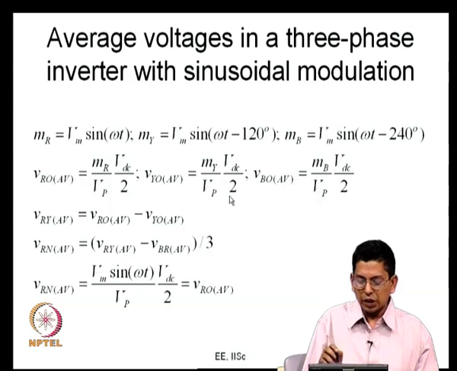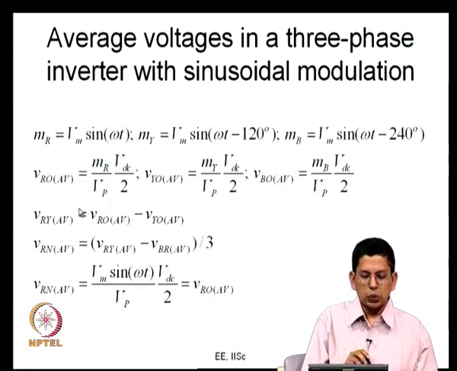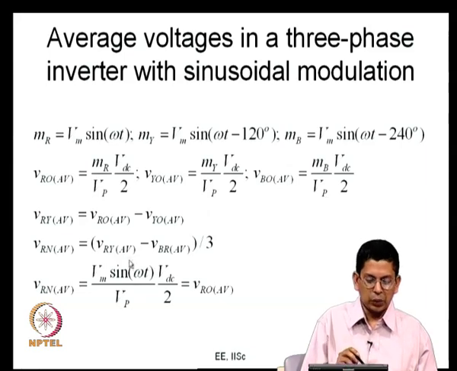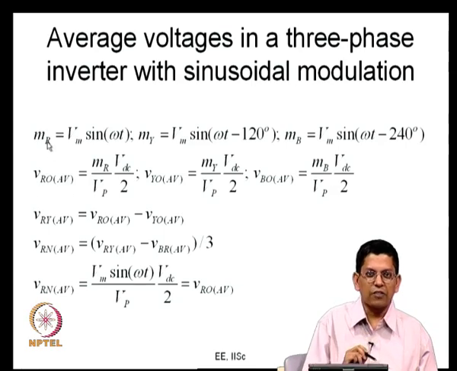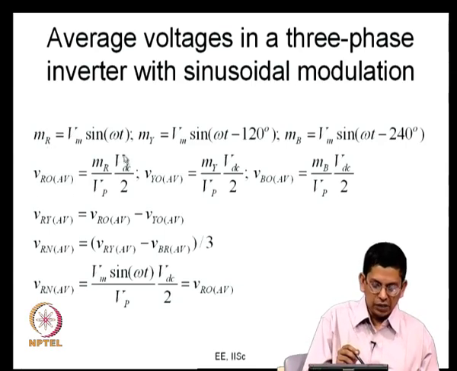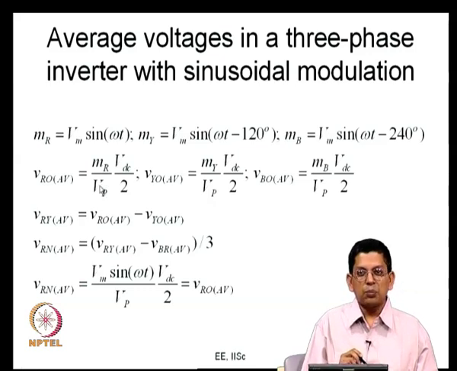And once again you have VBO, which is further shifted by another 120 degrees. So, you have 3 phase average pole voltages and you can see that MR and VRO average are simply scaled versions of one another. And what is that scale factor? It is VDC by 2 Vp. So, you can look at the inverter simply as a gain.